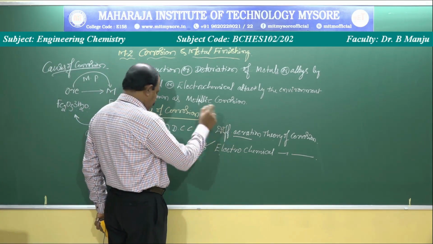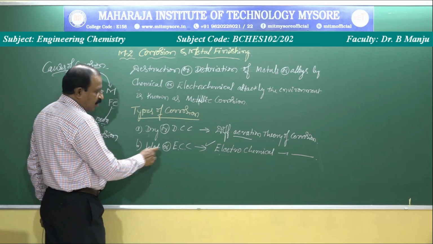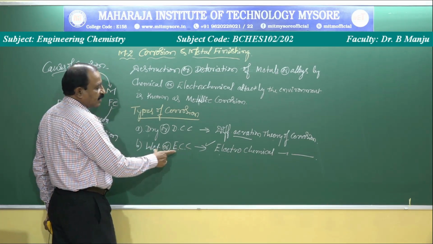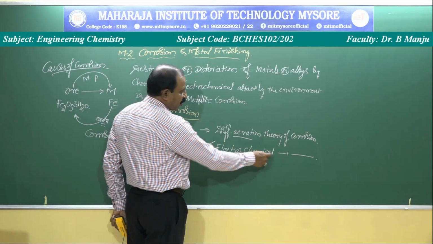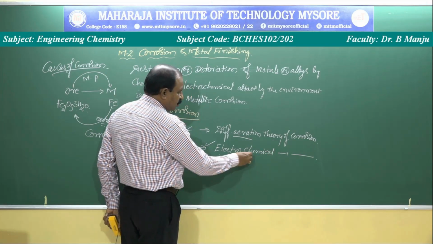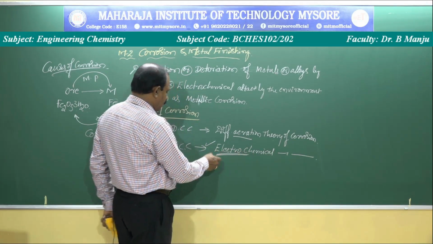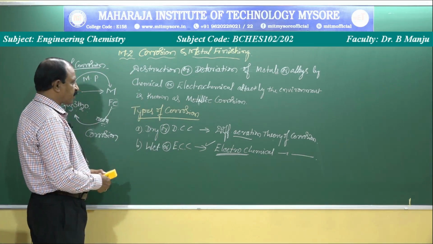That is the theme. Next we come to wet or electrochemical corrosion, explained by the electrochemical theory of corrosion. Now this is an example taken to explain how wet corrosion takes place.